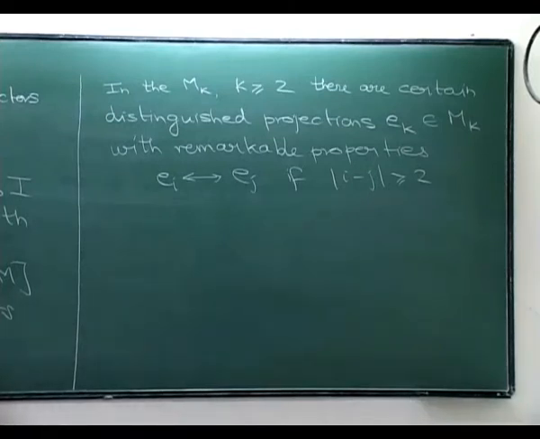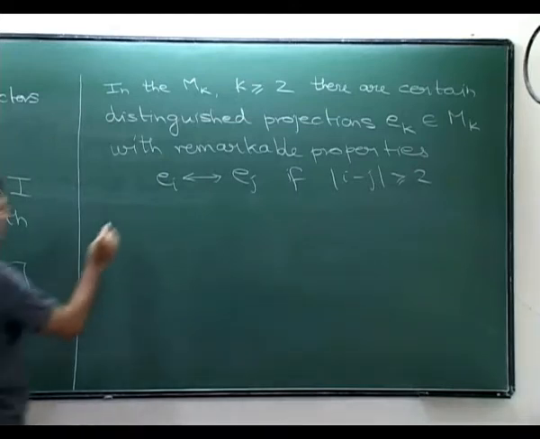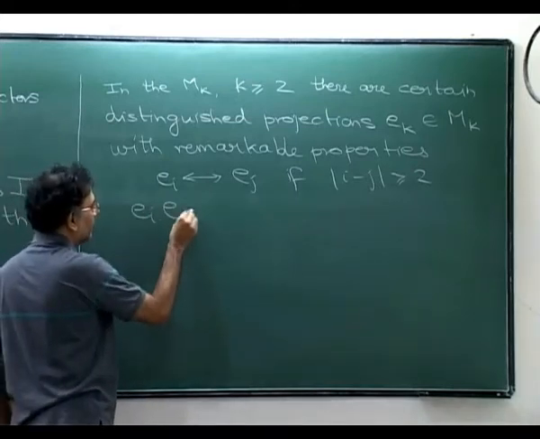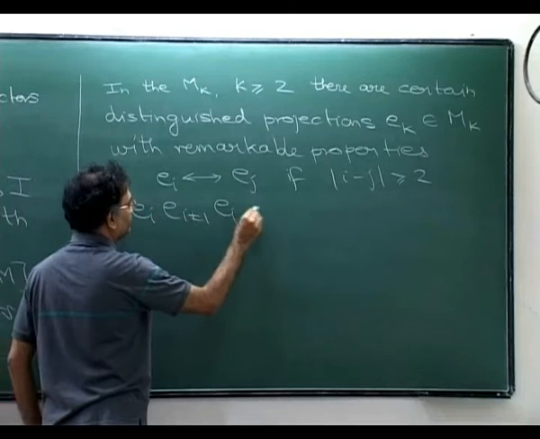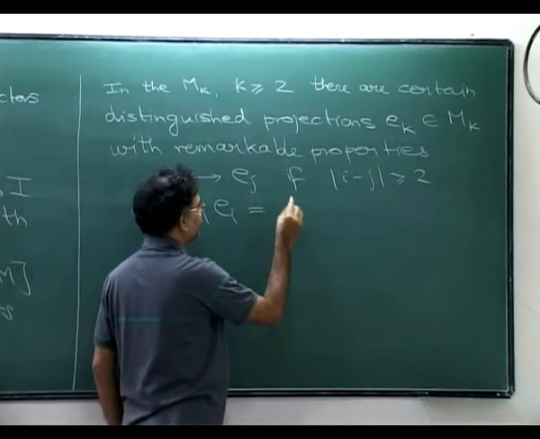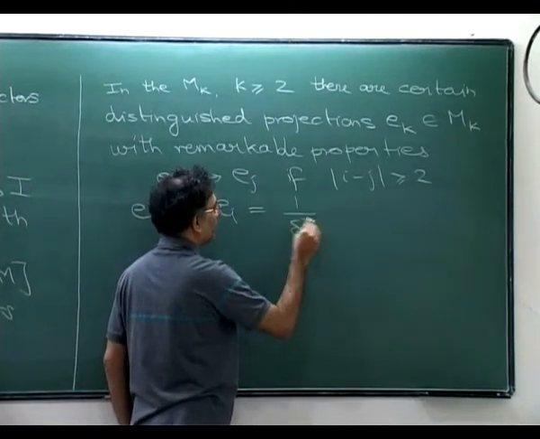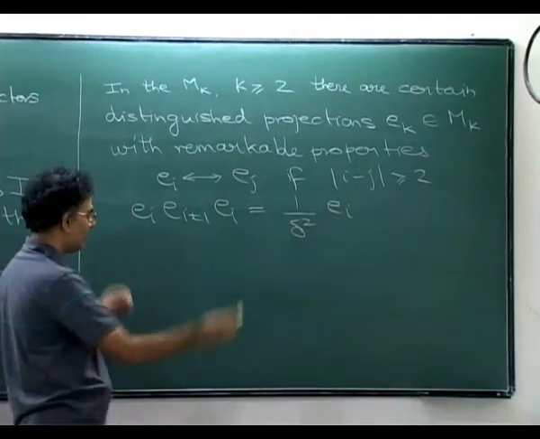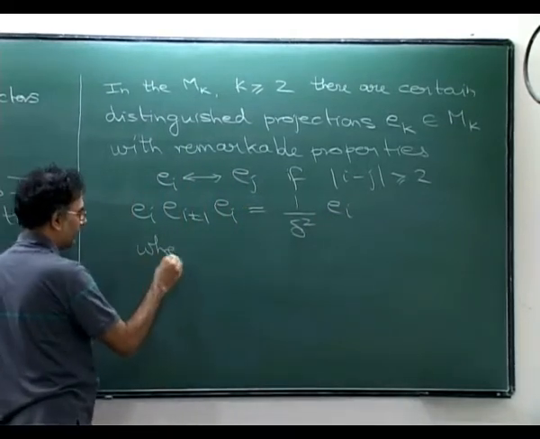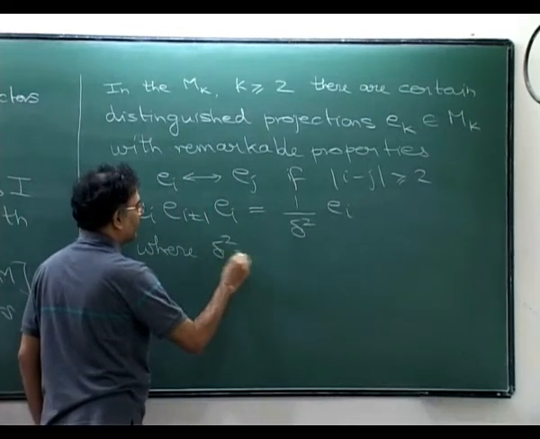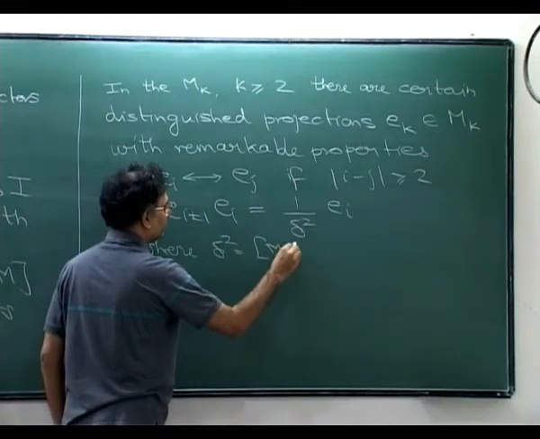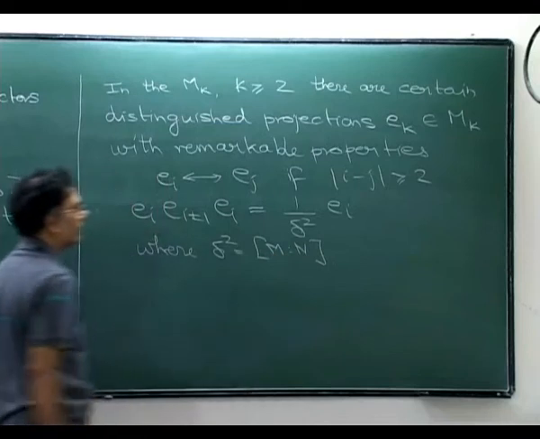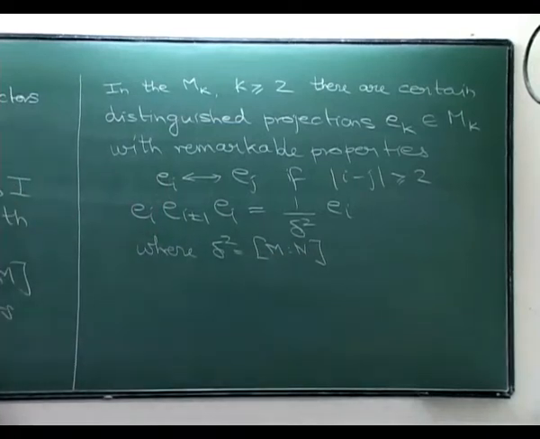And what about neighboring ones? Ei plus minus 1 Ei is 1 over delta squared Ei. So this is a certain number where delta squared is actually the index of the subfactor.